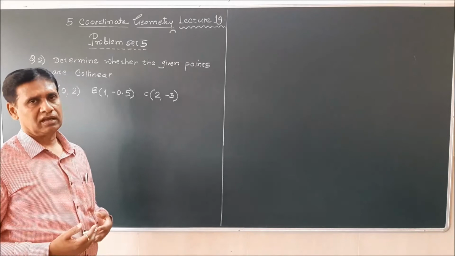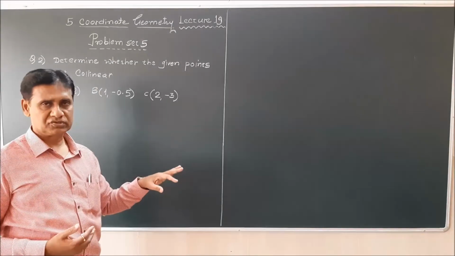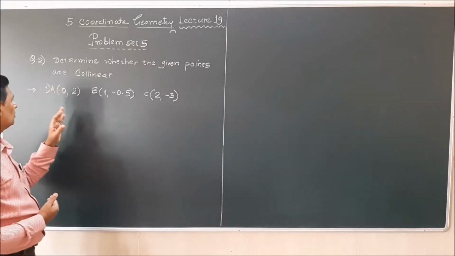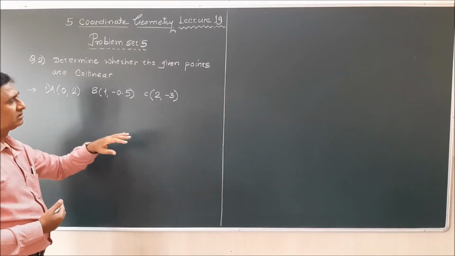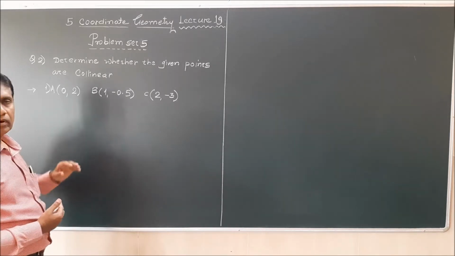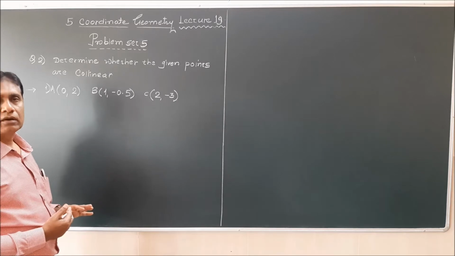So surely I am going to opt for the slope formula. I mean to say, if I prove slope of AB is equal to slope of BC, then B is a common point and these 3 points A, B, C will be collinear.